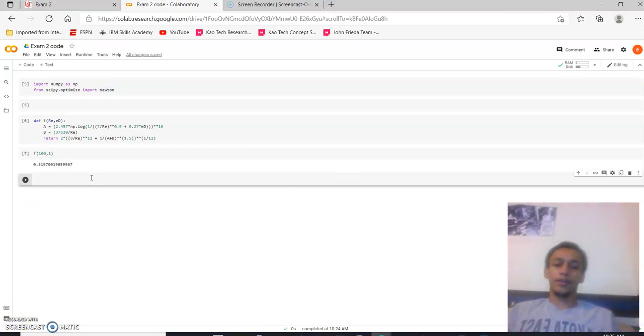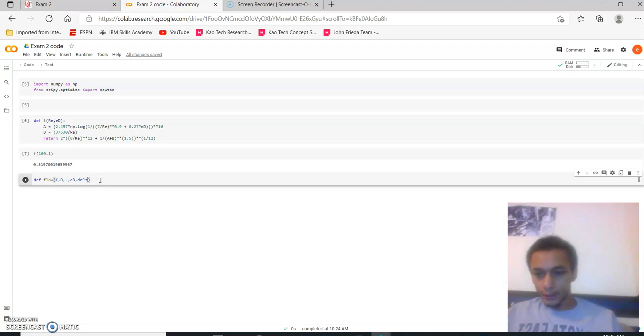So now we need to find a function for the flow that finds the flow rate. So define flow. And we're doing this given the K value, the D value, so diameter of the pipe, the length of the pipe, the relative roughness of the pipe, and the delta head of the pipe.